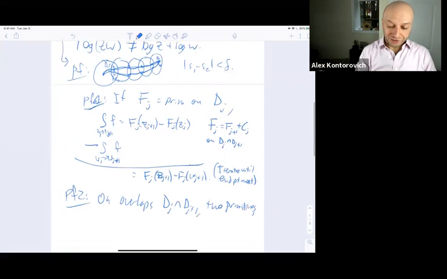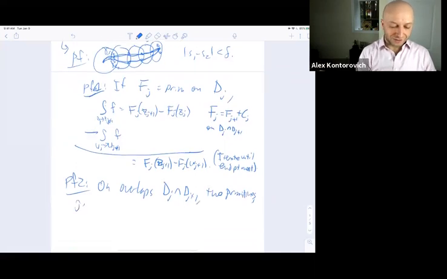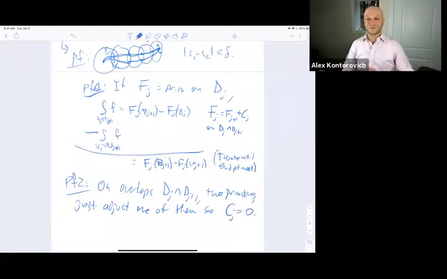So just adjust one of them so that, remember, they differ by a constant. Adjust it so that the constant's always 0. So that really makes it feel like there's a global primitive.